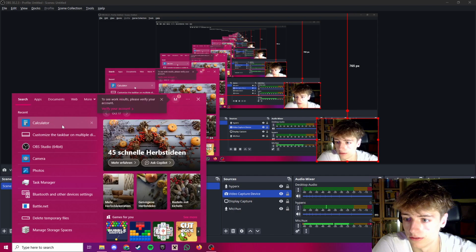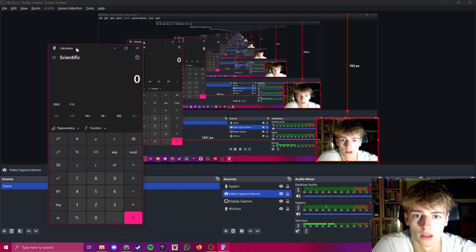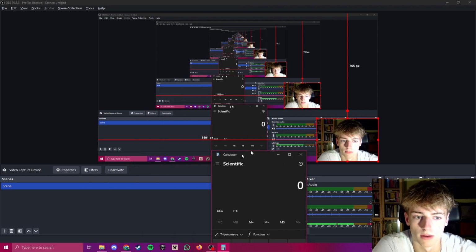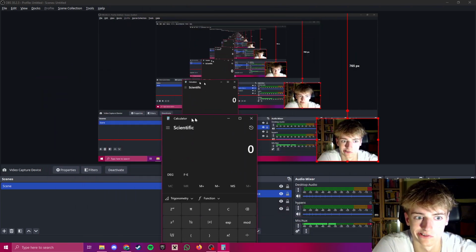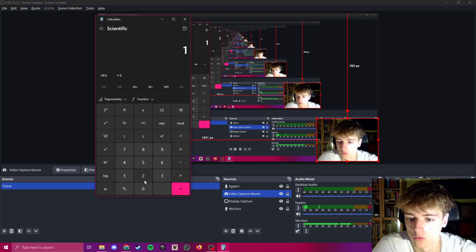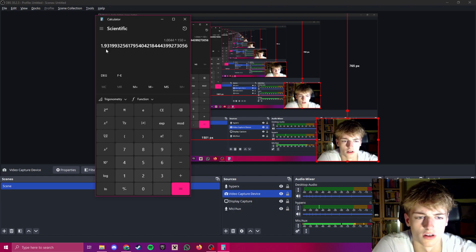Where did my calculator go? Alright, if I make 1.0044 a day, I think it goes like this, to the power of 150. Oh, that's actually not a lot. Did I do that right? Yeah, I did.